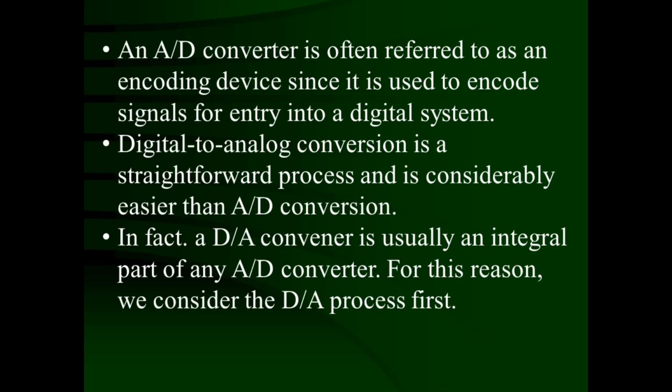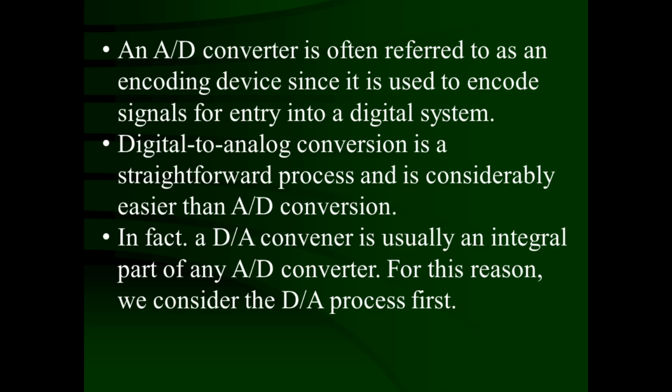An A to D converter is often referred to as an encoding device, since it is used to encode signals for entry into a digital system. Digital to analog conversion is a straightforward process and is considerably easier than A to D conversion.